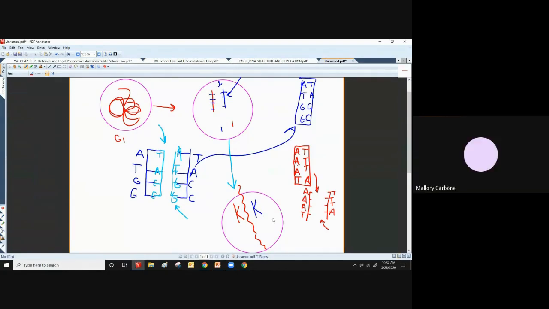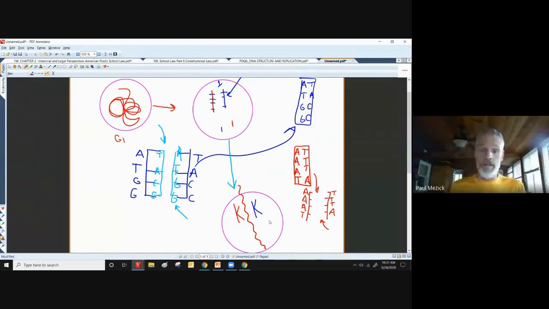I think so. It's not like the exact same on both sides. No, it's not the exact same. Think about it. If your original cell was one red strand and 1 blue strand, that's your original cell.